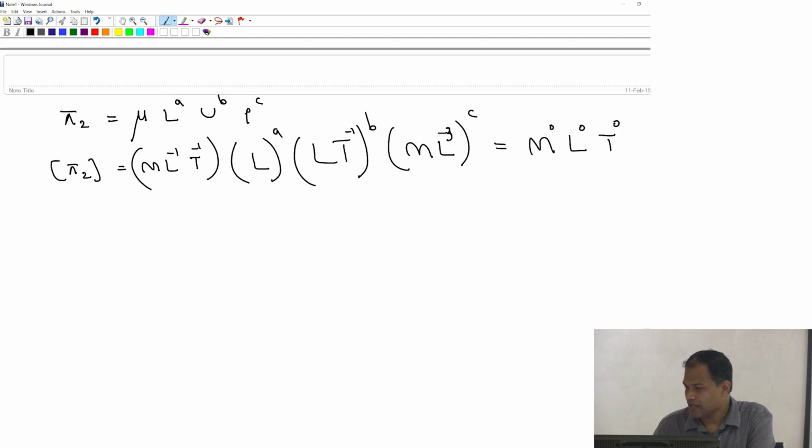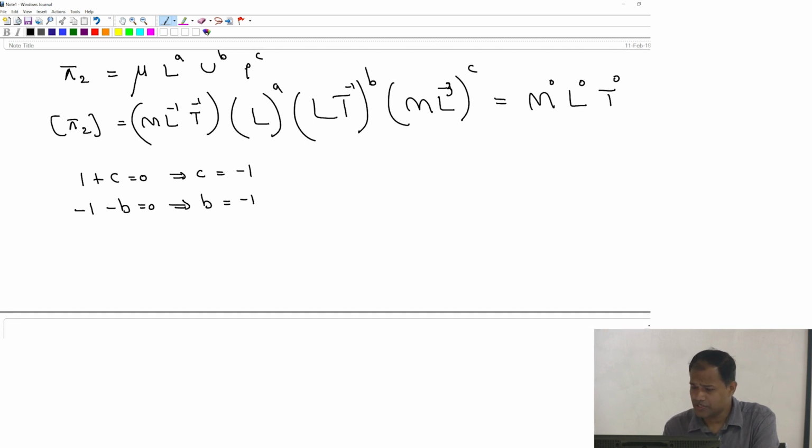Therefore, I can equate the dimensions of each of them. Equating the dimensions of m would give me 1 plus C is equal to 0 or C is equal to minus 1. Equating the dimensions of time, I get minus 1 minus B is equal to 0. That gives me B equals minus 1.